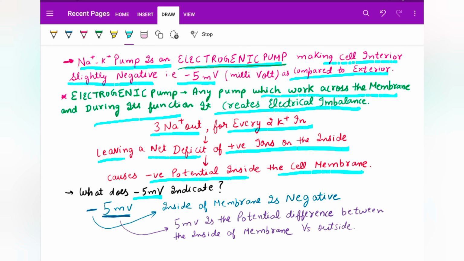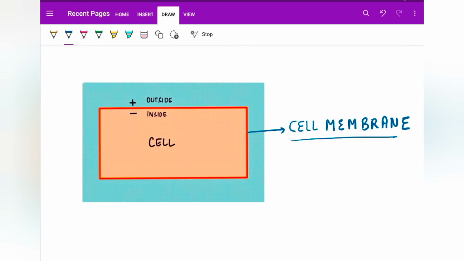Now what does this minus 5 millivolt indicate? Whatever sign is in front of this number indicates the interior situation of the cell. As it is negative here, it indicates that the inside of the membrane is negative. And whatever numeric value is here is the potential difference between the inside of the membrane versus the outside. As I told you earlier, membrane potential is the potential difference across the cell membrane, that is between the inside and the outside.